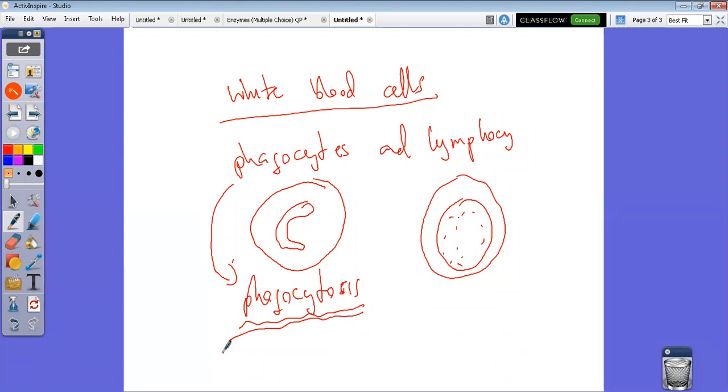This phagocyte will engulf and close here. When it engulfs the bacteria, it now secretes enzymes. Because the bacteria is being engulfed, the pathogen can't run away. It now secretes enzymes to digest the pathogen.